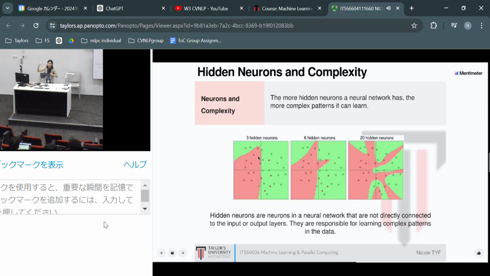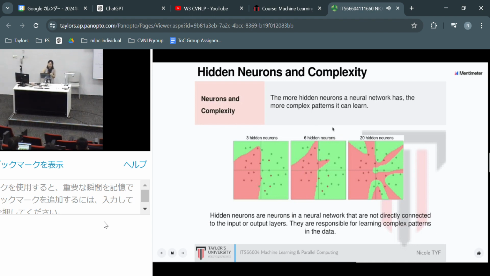If we increase the number of hidden neurons, this network is then able to capture a more complex decision boundary, where now it is able to classify further red dots from the green side of the area.